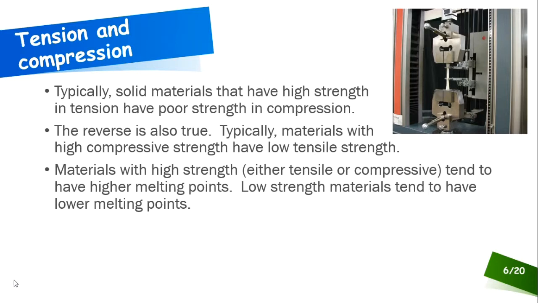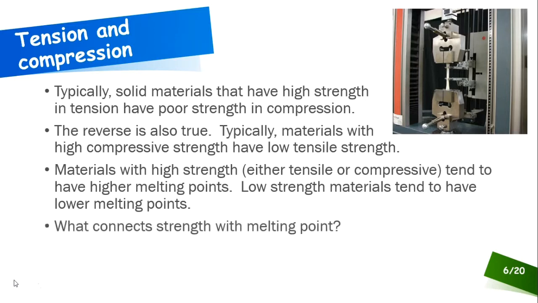Gold has a very low melting point relative to most metals, and this is one of the reasons why gold is so valuable, because it's easy to see what gold is. It's soft enough that you can deform it pretty easily. So people in the old days would bite on gold coins to verify they were made of gold. Gold is softer, and that low strength is related to the low melting point of the material.